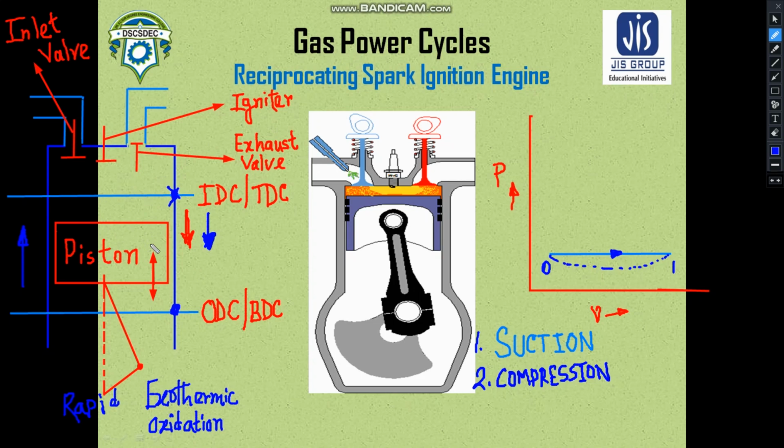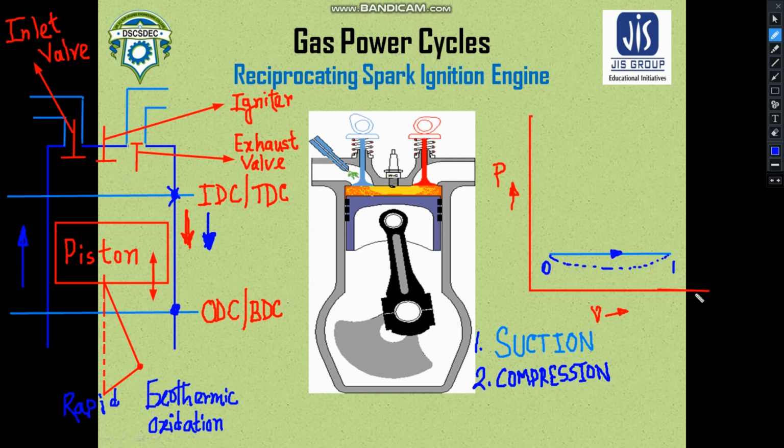But practically a process cannot be reversible, as there will obviously be some frictional losses and other effects which make the process irreversible. So the assumption of a reversible adiabatic process is an ideal one.